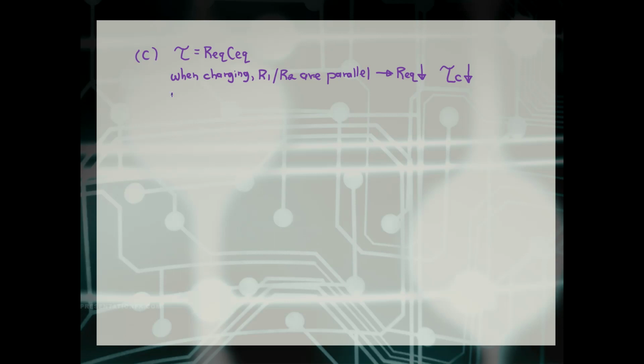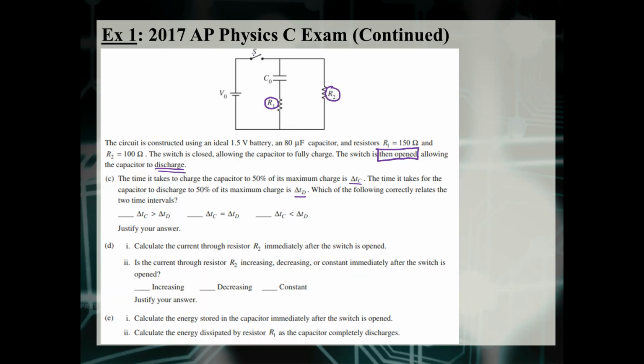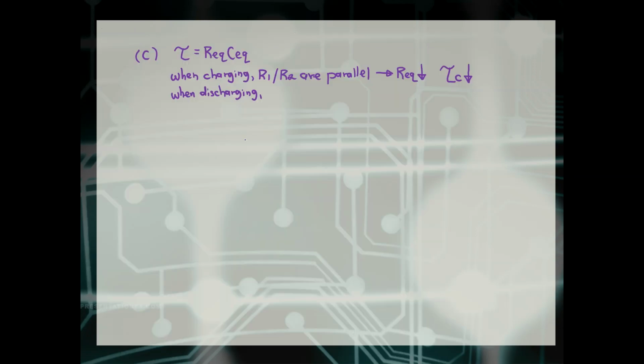Now, when we're in the discharge phase, going back here, that means the switch is now open. So when the switch is open, there's only a single branch for the current to run through, just this loop on the right-hand side. So that now means that those two are in series.